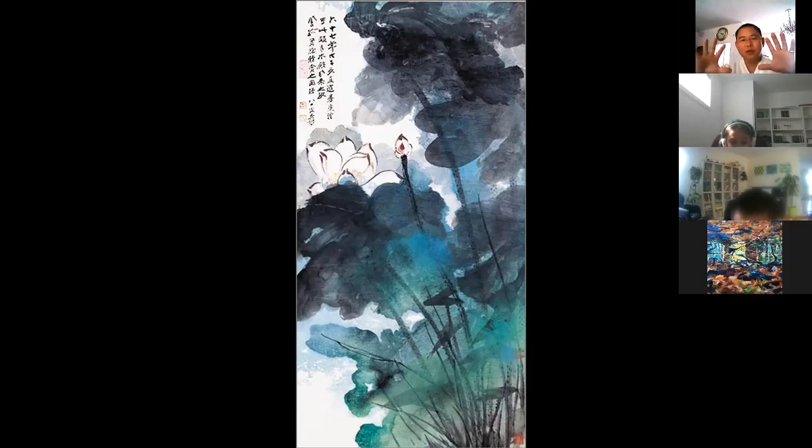Just pay attention to those different colors, and how they're merging into each other. So take out your color pencil and try to recreate those colors.